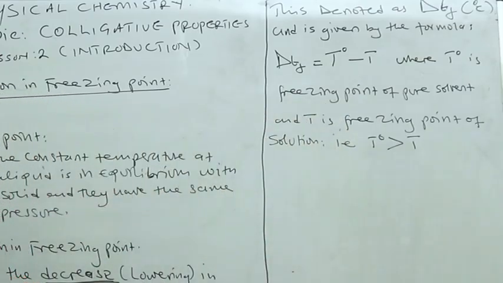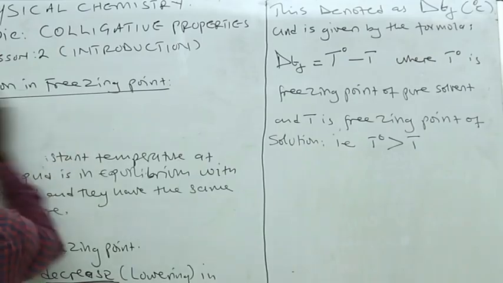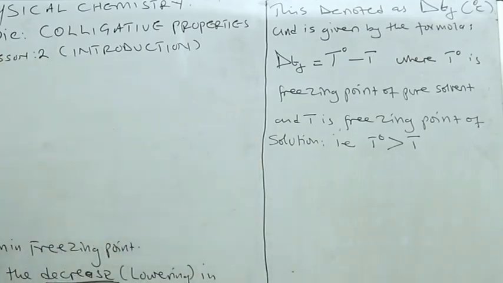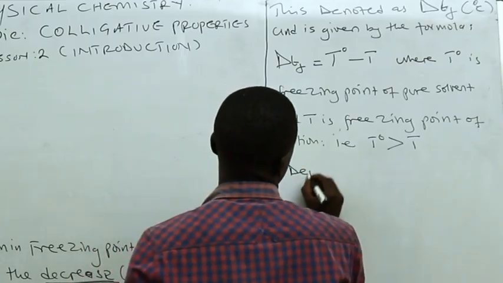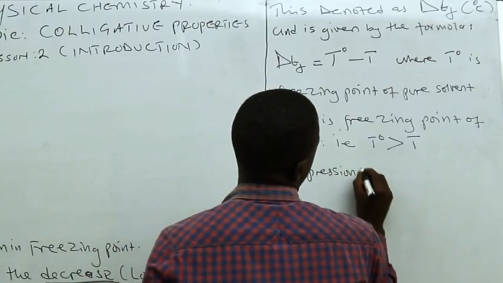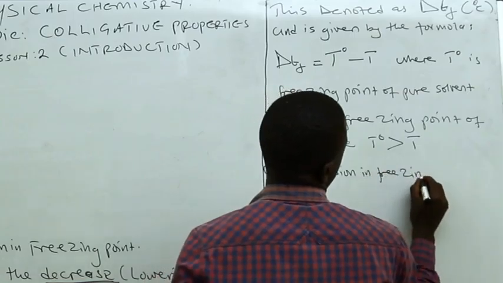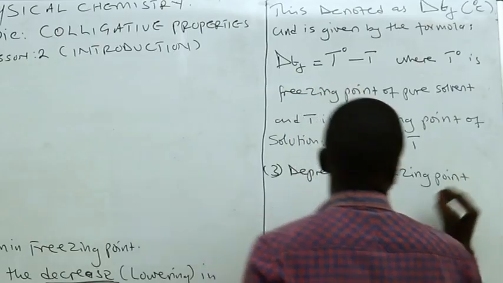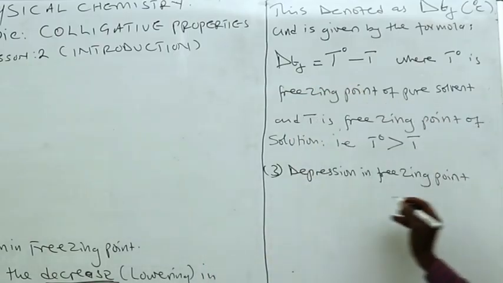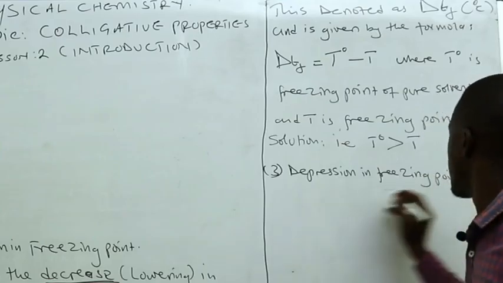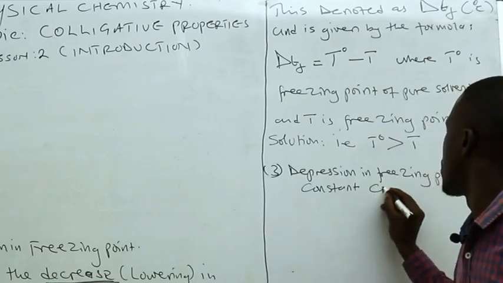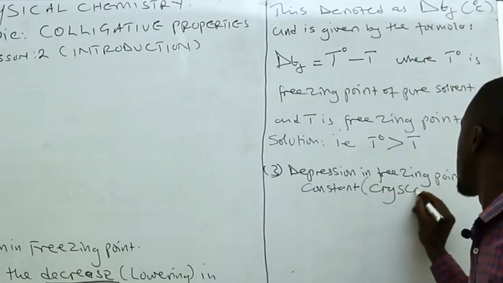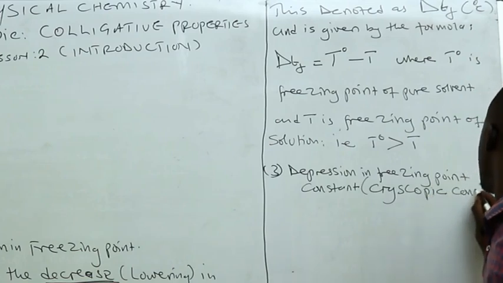Now, there is some more term, term number 3. This is called the depression in freezing point constant. Also, it is called the cryoscopic constant.